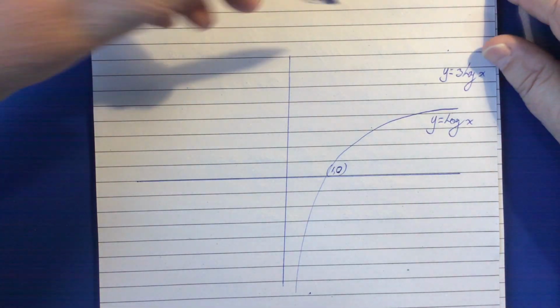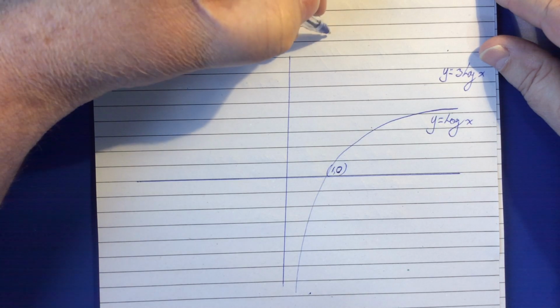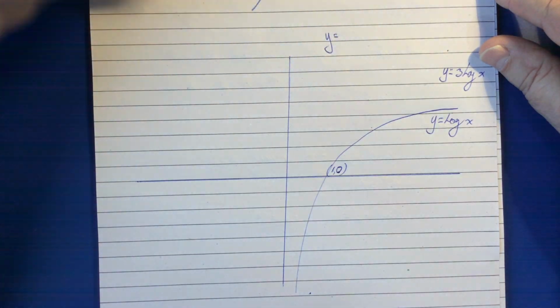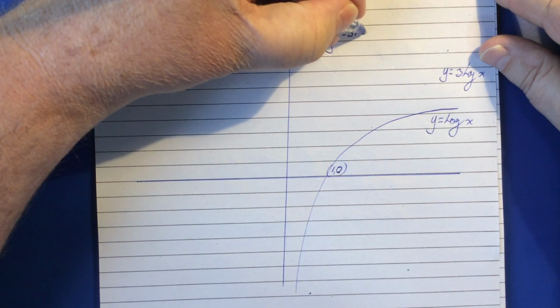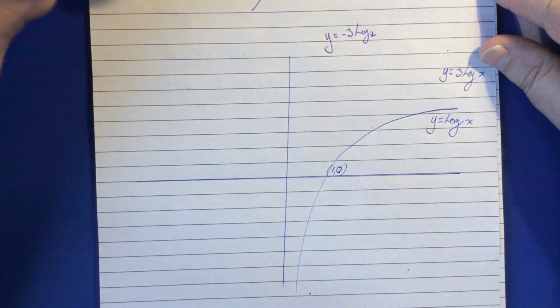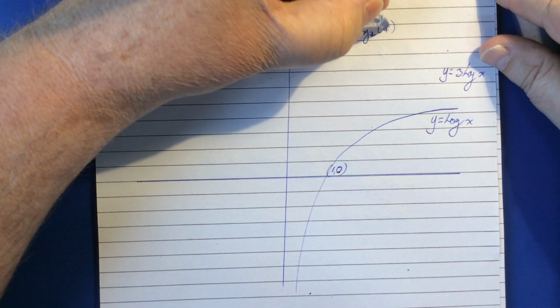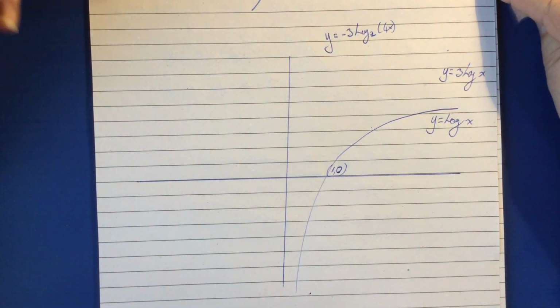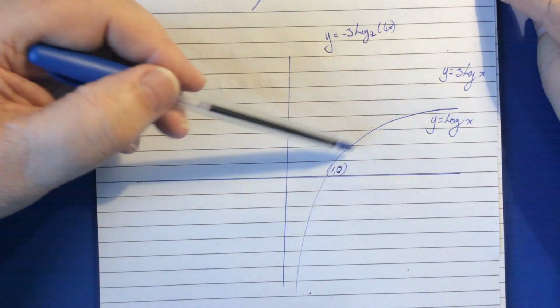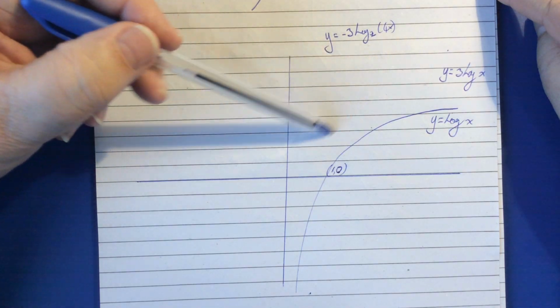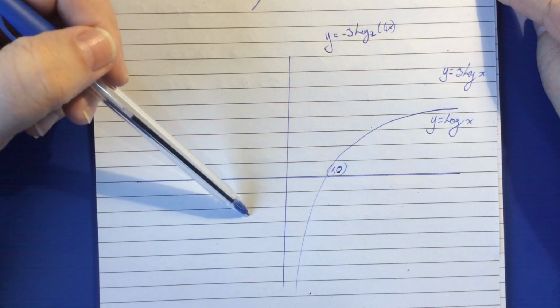So I'll just write that in here so that it's always in the shot. So y is equal to negative 3 log 2 of 4x.